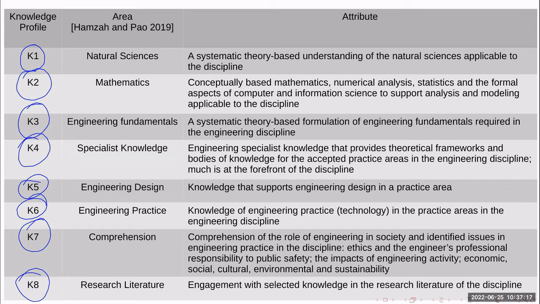So what are these things that Washington Accord is demanding? The first one, K1, is related to natural sciences, physics, chemistry, and the basic sciences. K2 is mathematics. K3, engineering fundamentals.